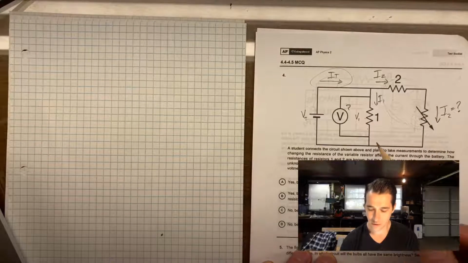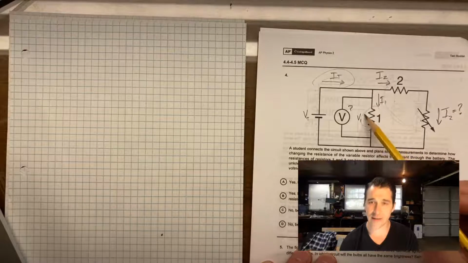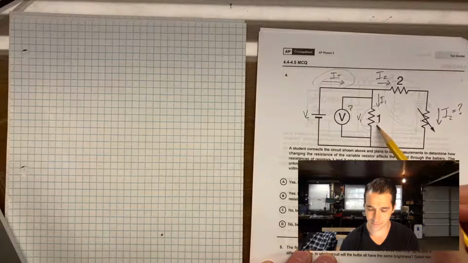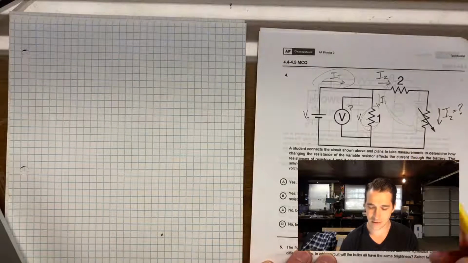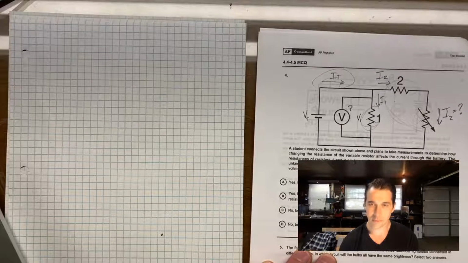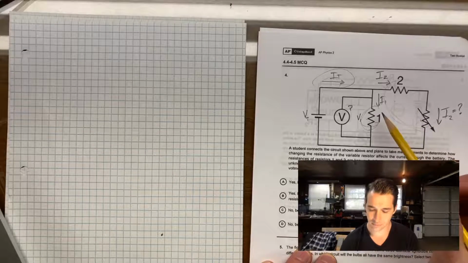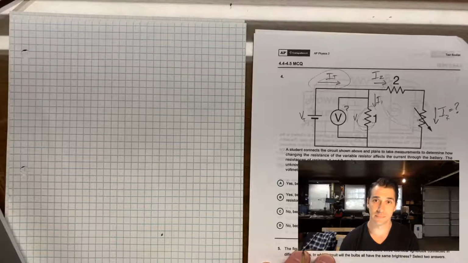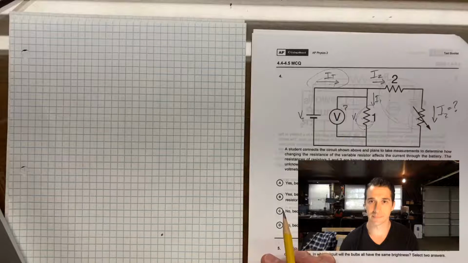That makes sense. So if there was some way I could figure out the current here, then maybe I'd be able to figure out what this current is, if I also know the total current.